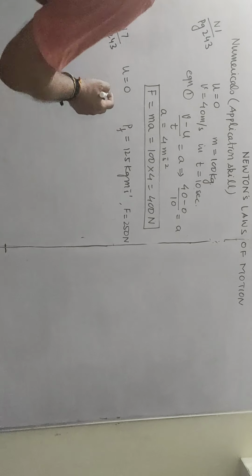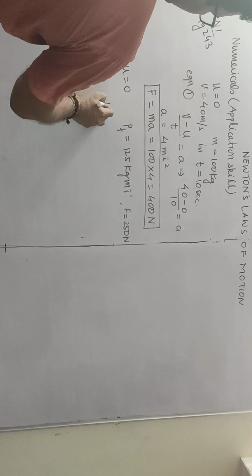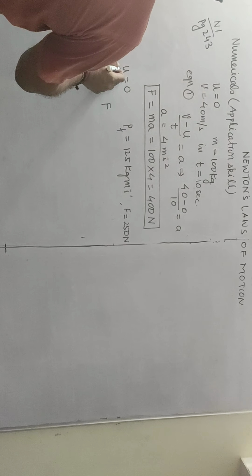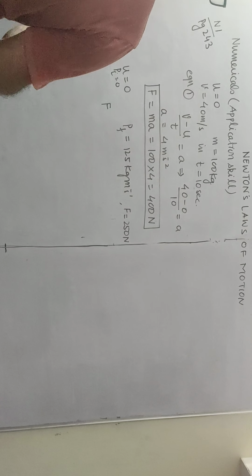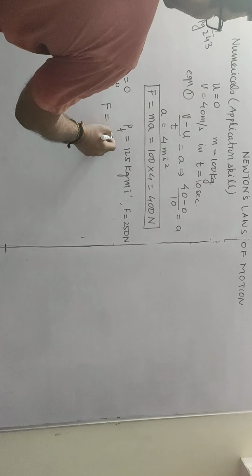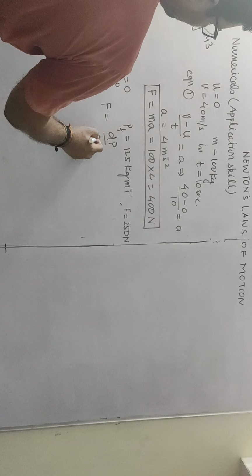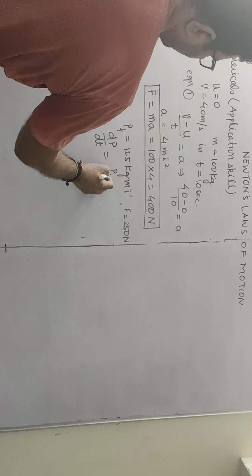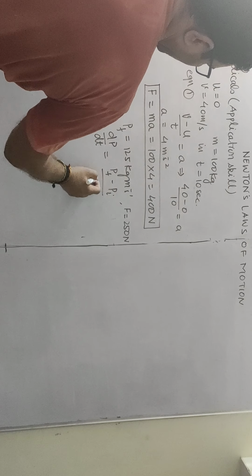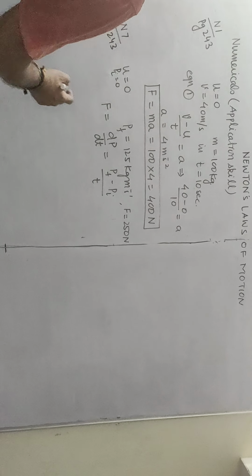You all know that by Newton's second law, because u is 0, so initial momentum is also 0. Force is rate of change of momentum. This is (Pf minus Pi) by t. You need to find t.